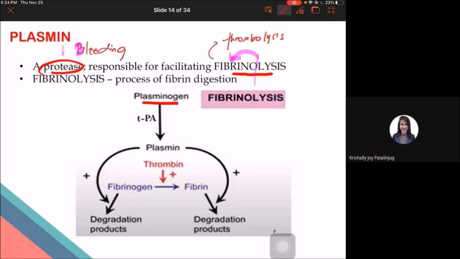Okay? And via tissue, the TPA dyan, that is tissue plasminogen activator. O, yan yung ibig sabihin ng TPA. That causes plasmin formation. Okay, so via TPA, plasminogen will now be converted into plasmin.